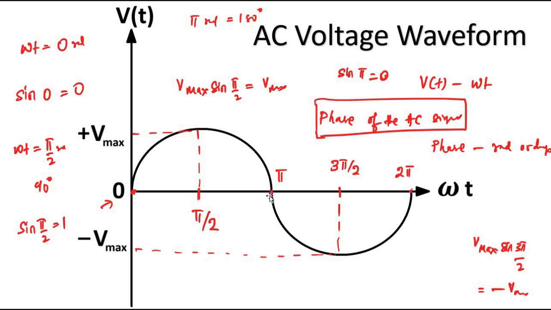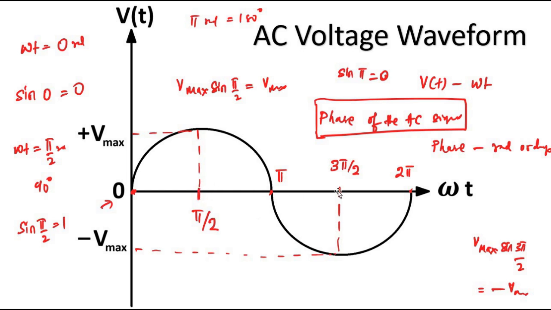So the phase of 0 value is 0, pi and 2 pi, or 0, 180 degree and 360 degree. Now what is the phase of the positive peak? The positive peak occurs at pi by 2 radian or 90 degree. So the phase angle of the positive peak is pi by 2 radian or 90 degree.